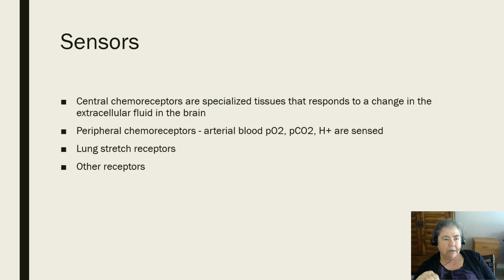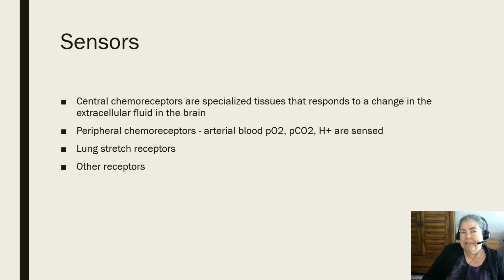The peripheral chemoreceptors in the aortic arch and carotid bifurcation, carotid body, detect changes in blood oxygen, blood CO2, and hydrogen ions. And then I mentioned that there are stretch receptors in the lungs, irritant receptors in the lungs and in the nose that have input into breathing, and then the receptors in the muscles and joints.